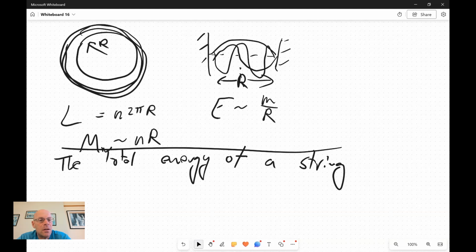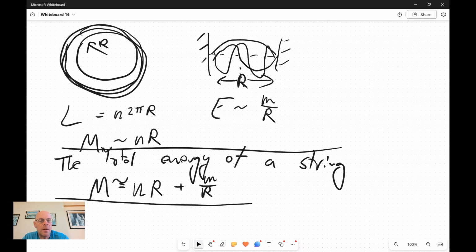The total energy is n times r plus m over r, and that's roughly, let me be more precise, let me make everything dimensionless, and let me be more careful about units.